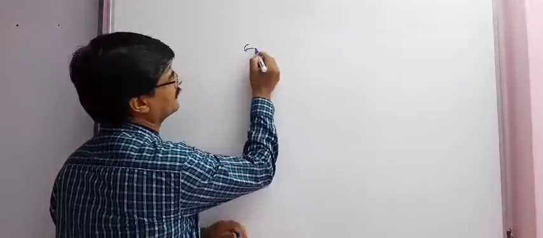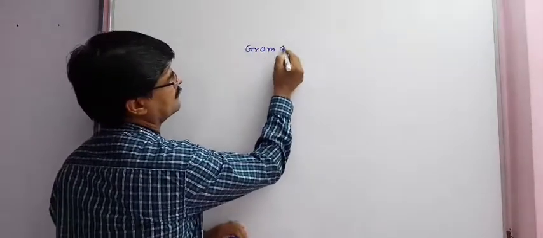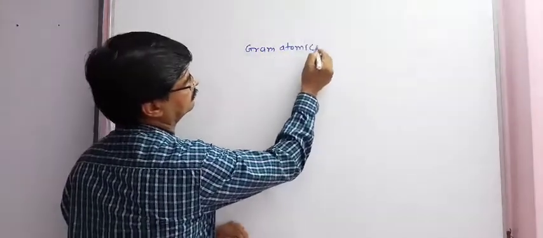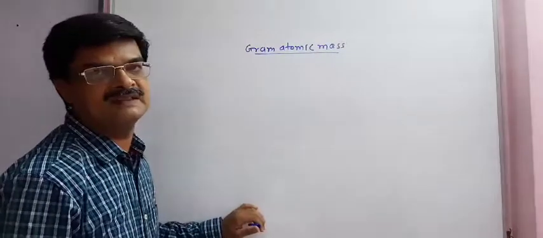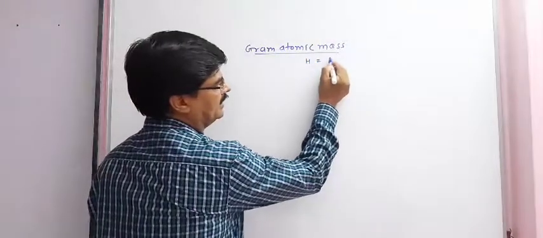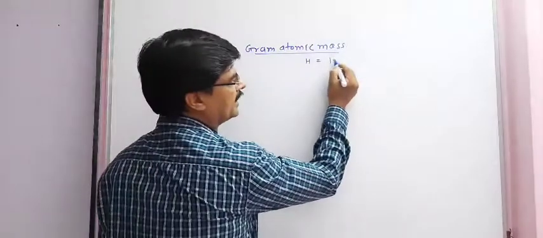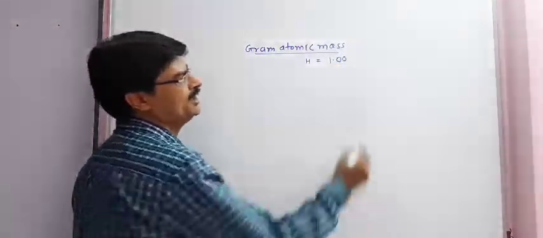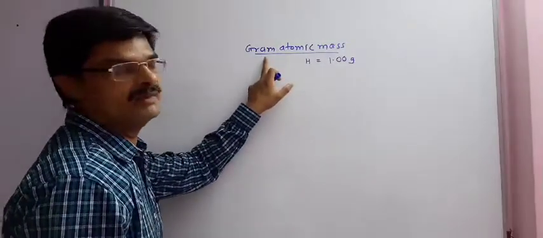I told you about average atomic masses. Now understand gram atomic mass. If atomic mass is written in gram, say for hydrogen it is nearly 1.0080 gram, but if we practically write it as 1.00 gram, then this mass is said to be gram atomic mass.